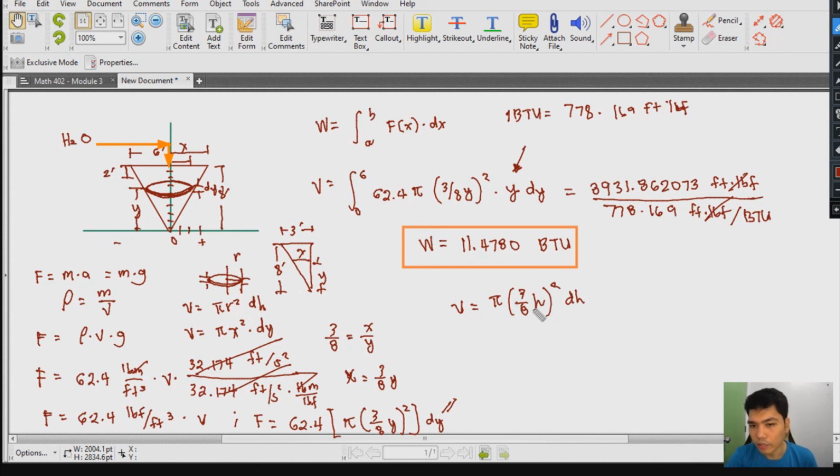Incorporating this into your work, this will be multiplied by the height. So the work would be simply the integral from 0 to 6 of 62.4 pi times 3/8 h squared h dh.